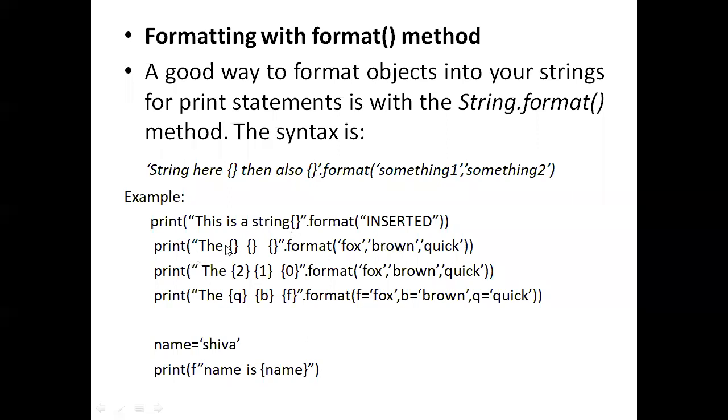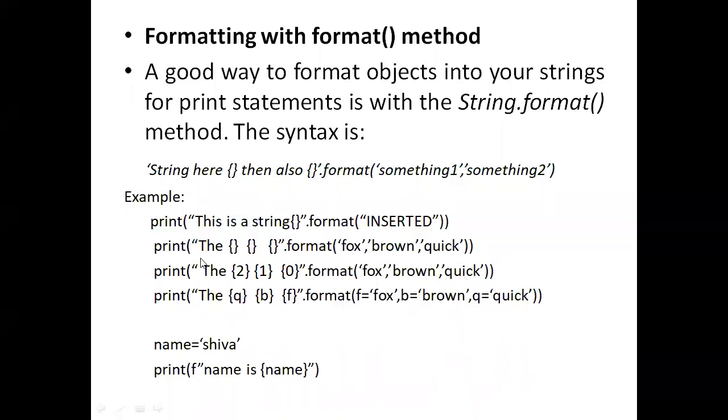And these format placeholders can be represented with numbers also. For example, 2, 1, 0 means whatever you mentioned, this is 0, this is 1, this is 2. The fox is 0, brown is 1, quick is 2.